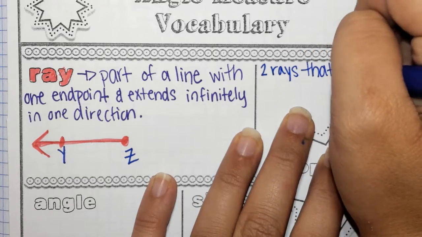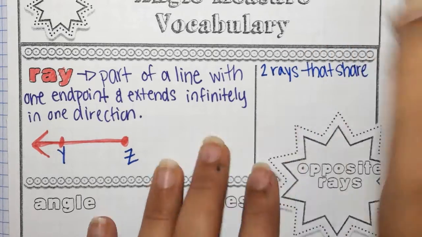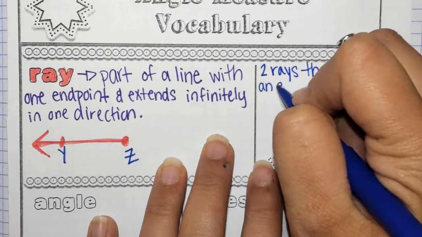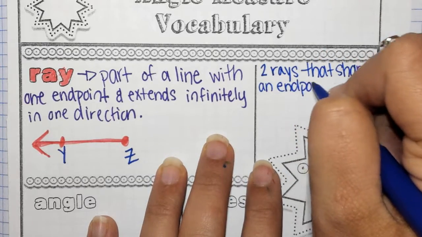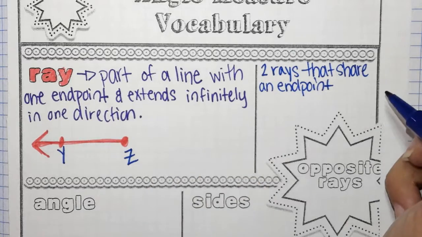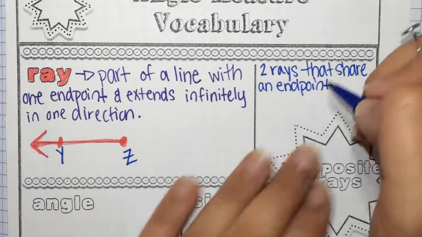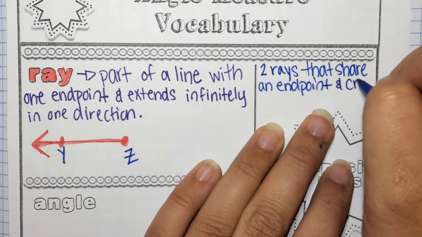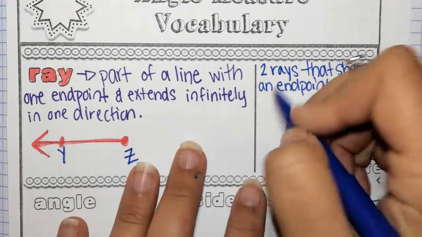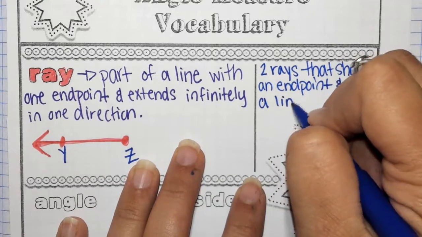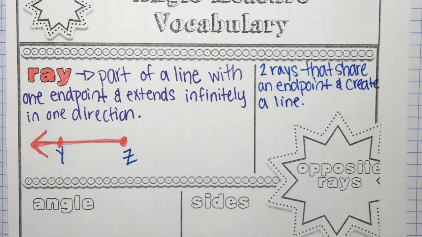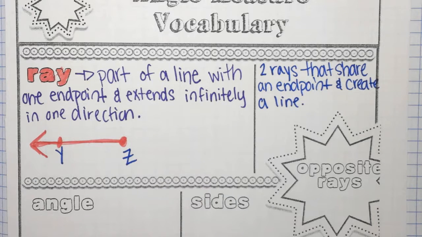Okay, so the definition is two rays that share an endpoint and create a line. Now, if they're on the same line, what word did we learn last week that's called?